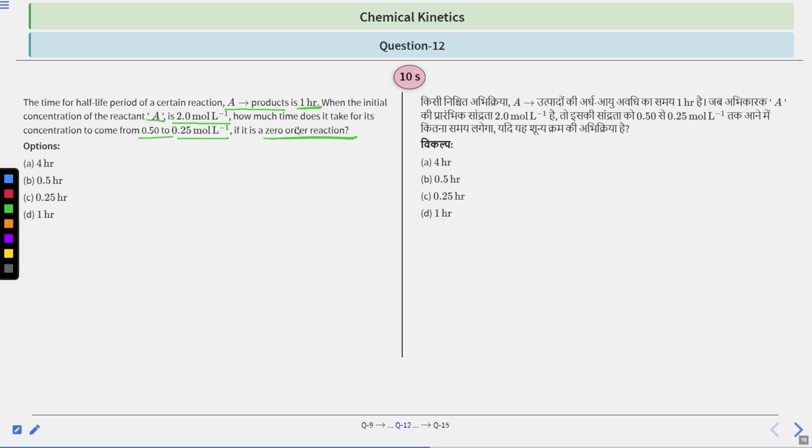Again, we are asked for the time the reaction takes for the concentration of A to go from 0.5 to 0.25. Okay, options are 4 hour, 0.5 hour, 0.25 hour, or 1 hour. You have 10 seconds to solve this question. After that, we will see the correct answer.